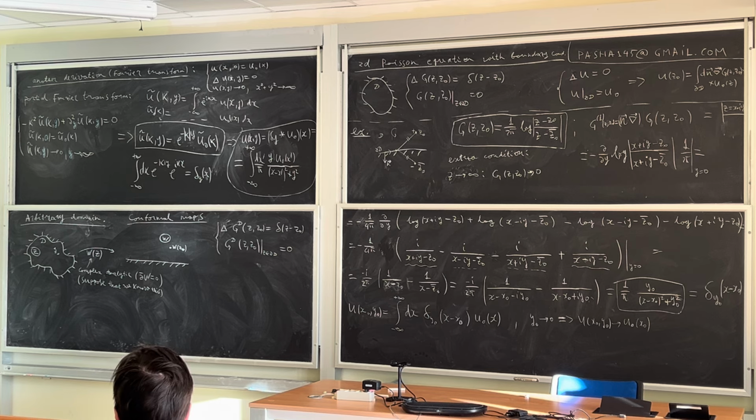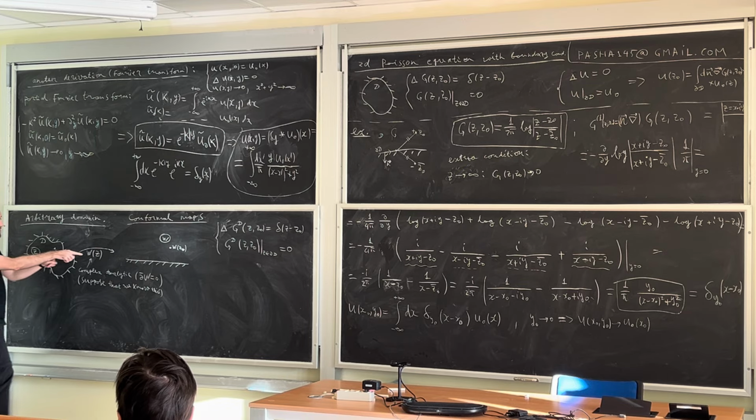We know that points near the boundary are mapped near the real line. Yes, boundary maps to boundary, and then if you go inside, there will be some point that maps to infinity.